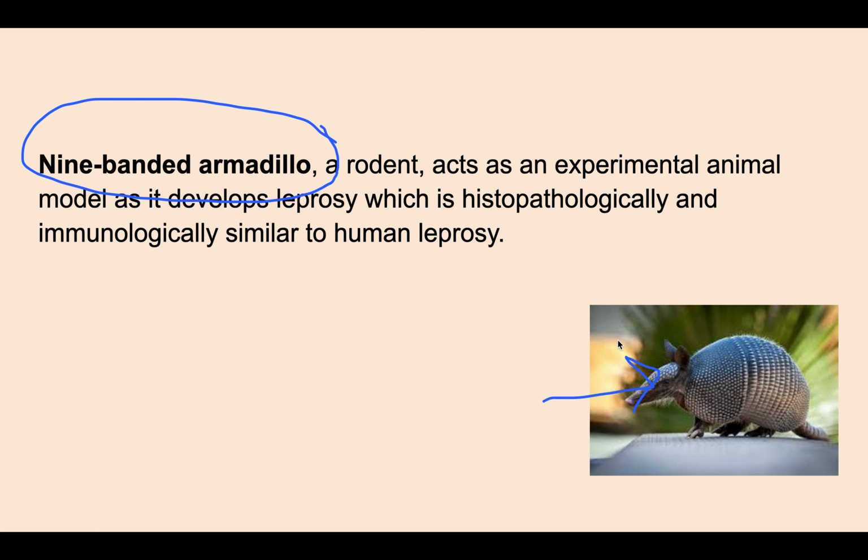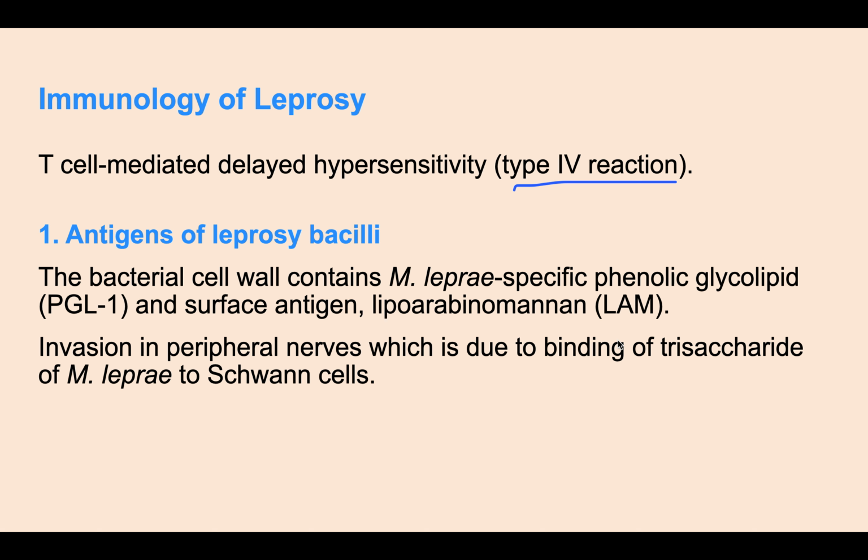Now the immunology of leprosy, that is the pathology of leprosy. So what is leprosy? Leprosy is a type 4 reaction, that is T cell mediated delayed hypersensitivity reaction, and there are various antigens present in the leprosy bacilli to which this hypersensitivity takes place.